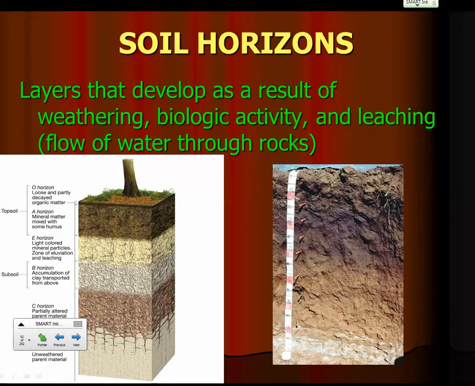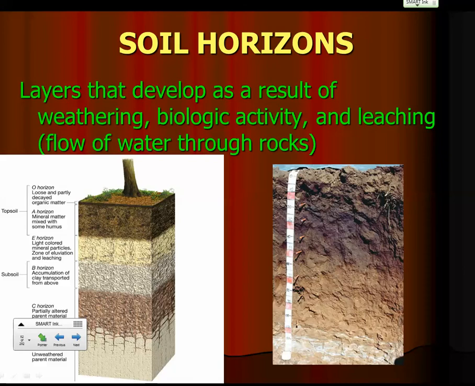But the deeper you go, the more you realize that soil has layers. And we call those layers horizons, soil horizons. These are layers that develop as a result of weathering of rock, the activity of biological organisms, living things, and the leaching out or the downflow of minerals and other materials when it rains and that water flows through the soil.